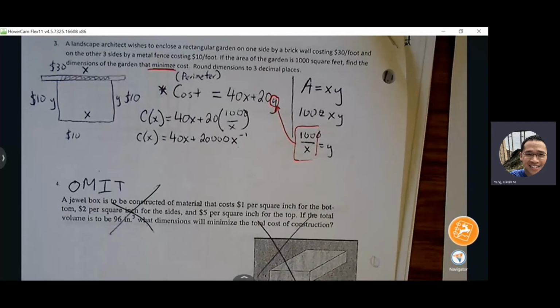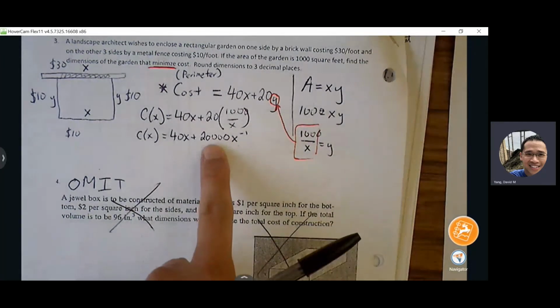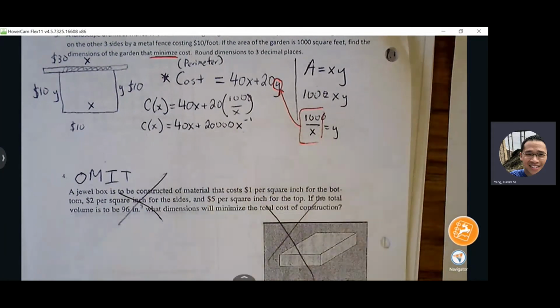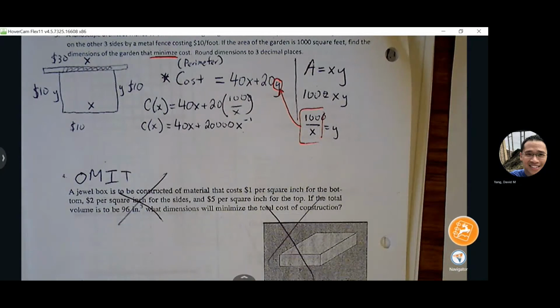So I'm doing a couple of things here at the same time. I'm multiplying 20 by 1,000, but I'm also forcing that x up to the top so that I can have a nice clean power rule and I don't have to rely on quotient rule. Now that everything is ready, I can find the derivative. Every time with your optimization problem, once you get your equation nice and cleaned up, find the derivative and set it equal to 0.